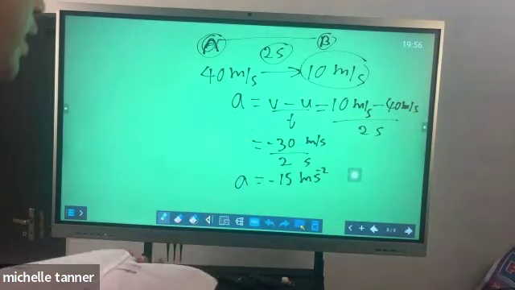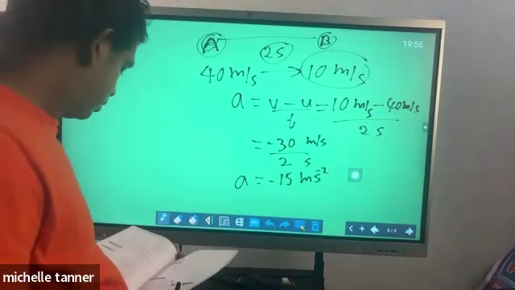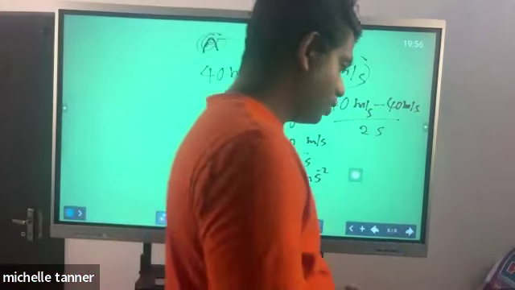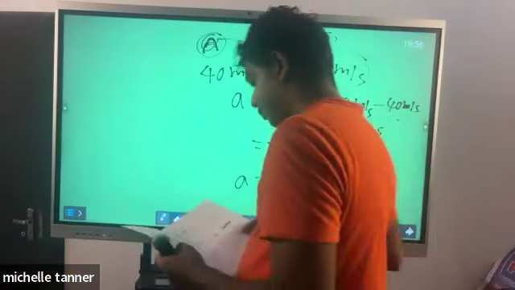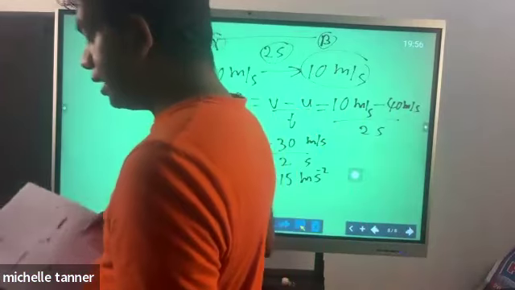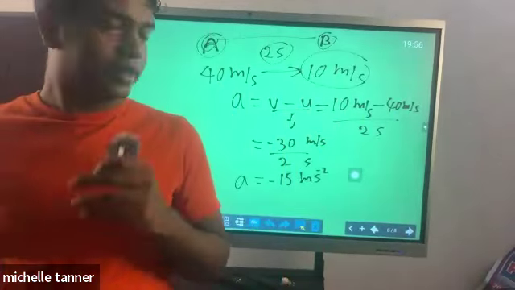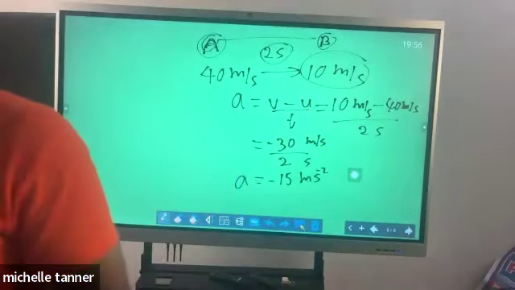And the velocity at B is 10 meter per second.